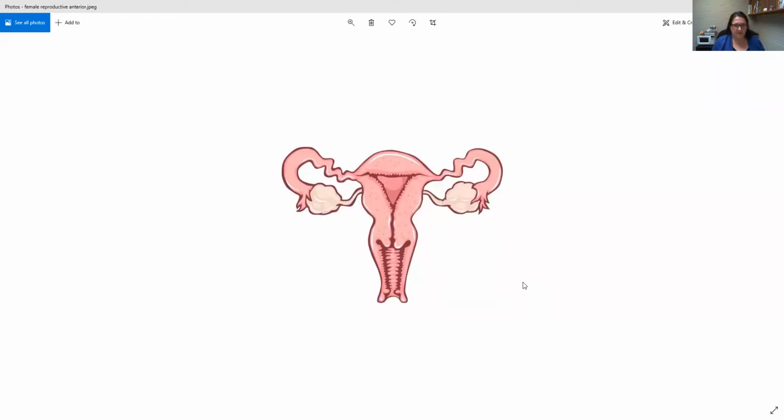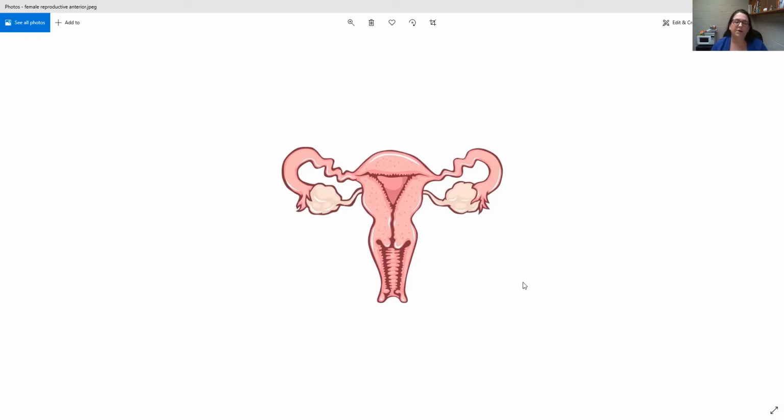Okay, so let's pull up a diagram. Let me get my screen shared. This is probably the most common diagram that you see when we talk about female anatomy.